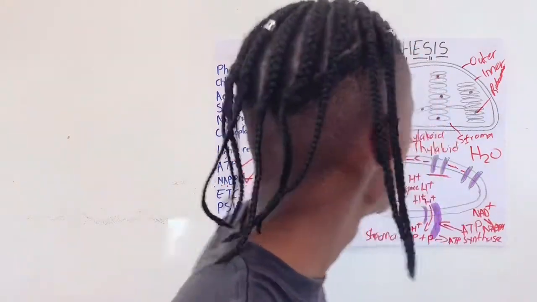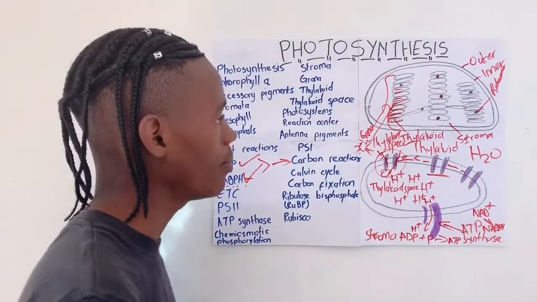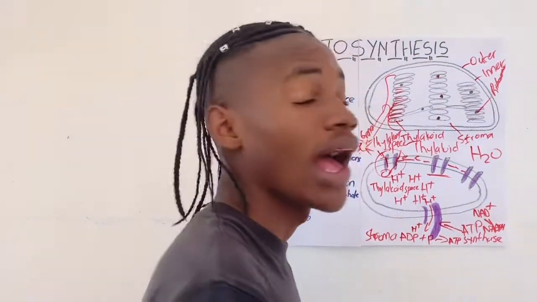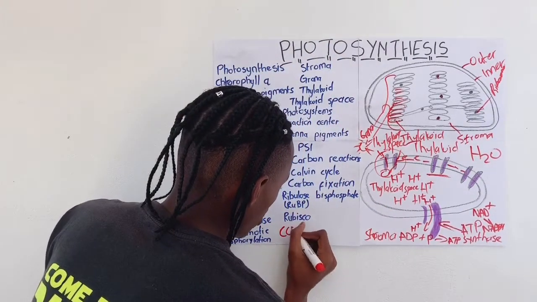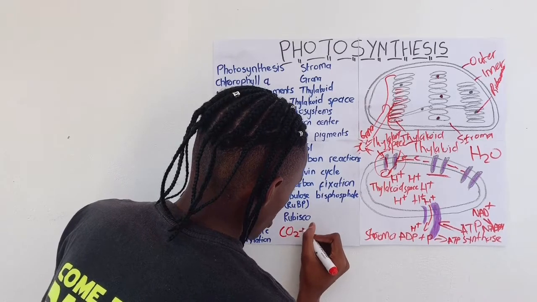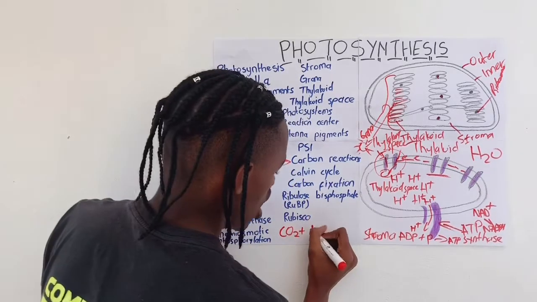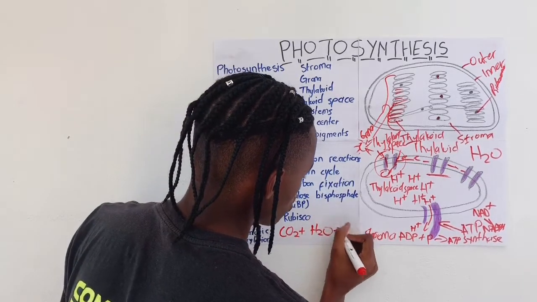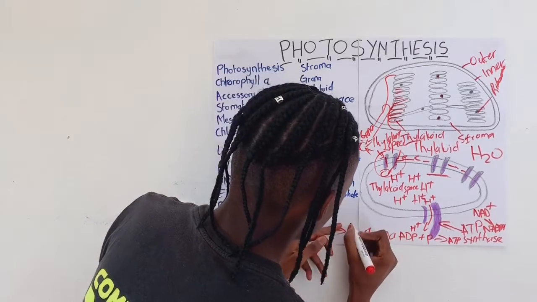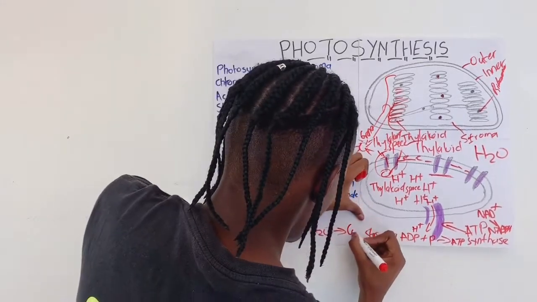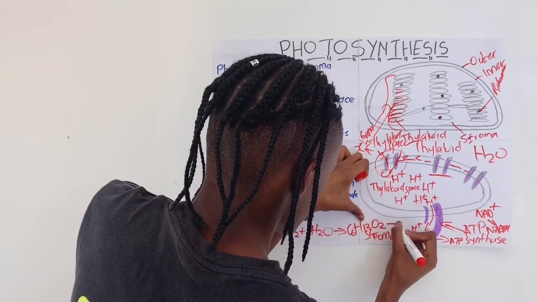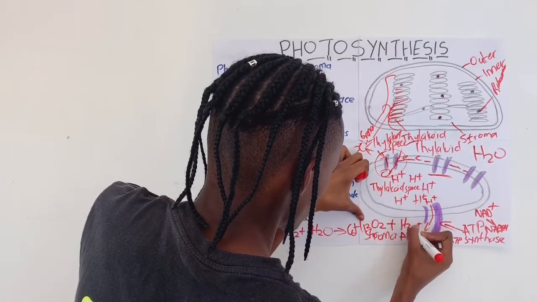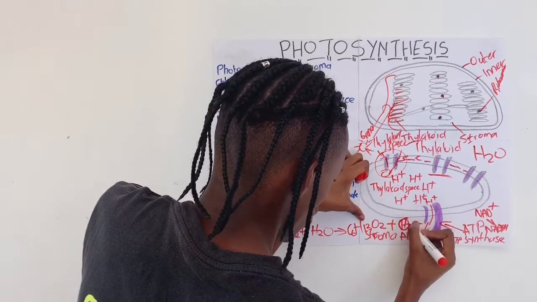So now remember that photosynthesis uses CO2 plus H2O to produce C6H12O6 plus O2.